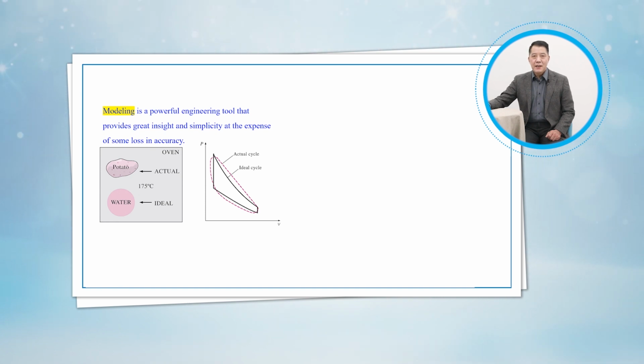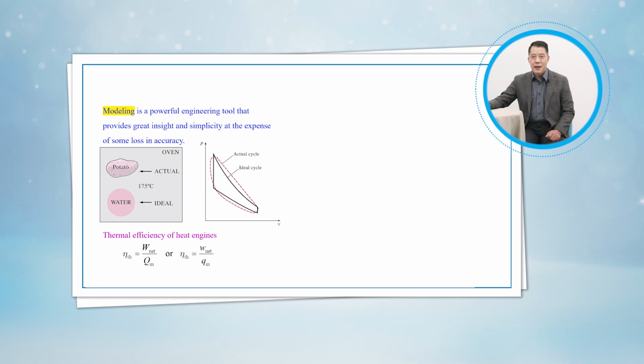When the actual cycle is stripped of all the internal irreversibilities and complexities, we end up with a cycle that resembles the actual cycle closely, but is made up totally of internally reversible processes. Such a cycle is called an ideal cycle, as shown in figures 10.1 and 10.2.